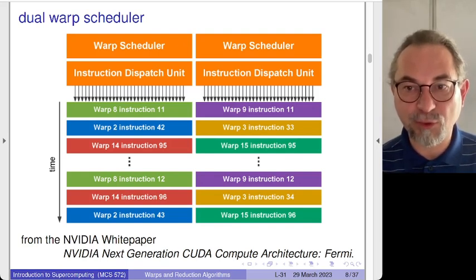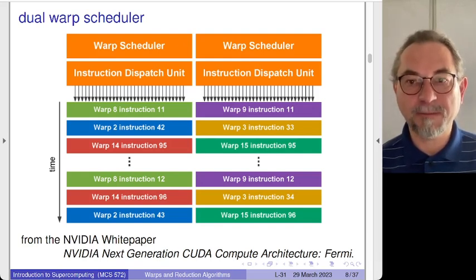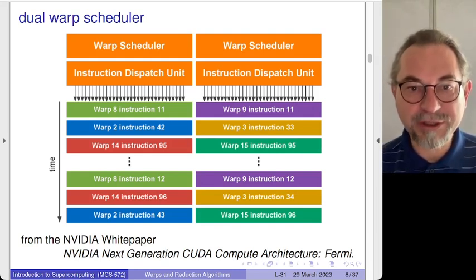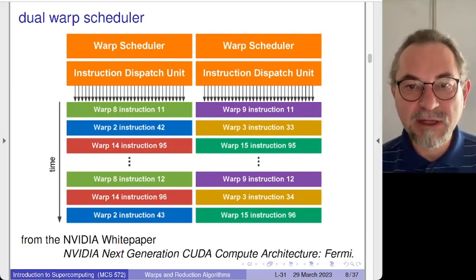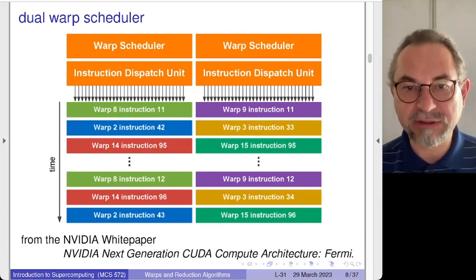This would correspond to streaming multiprocessors with 64 slots for the cores, and in time all the instructions are executed.